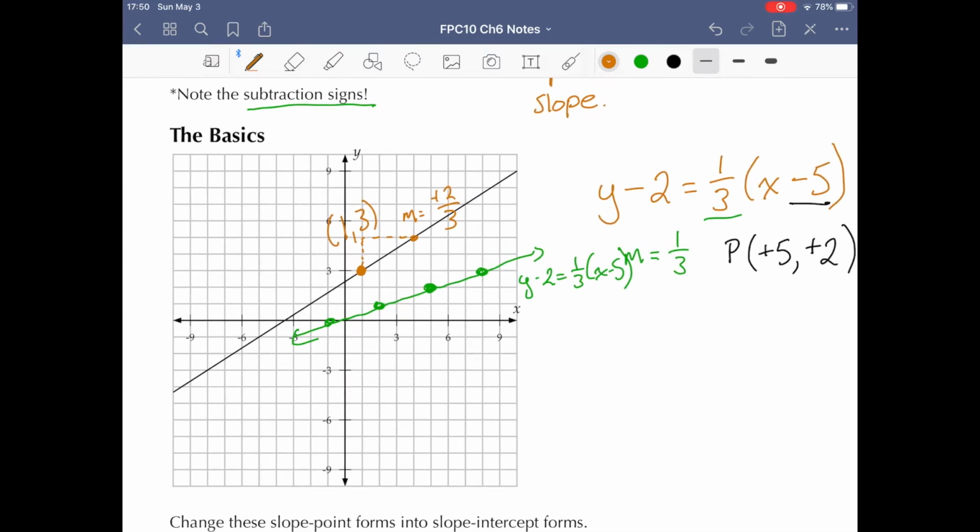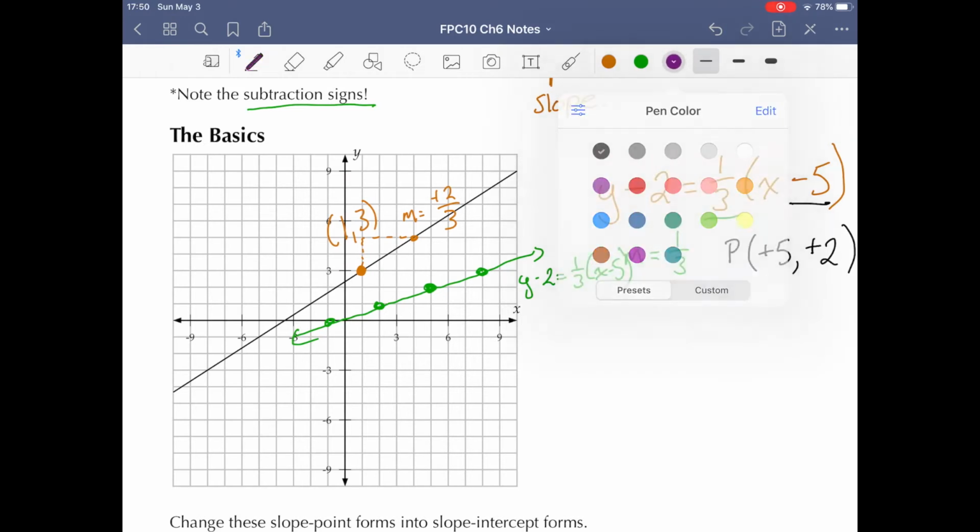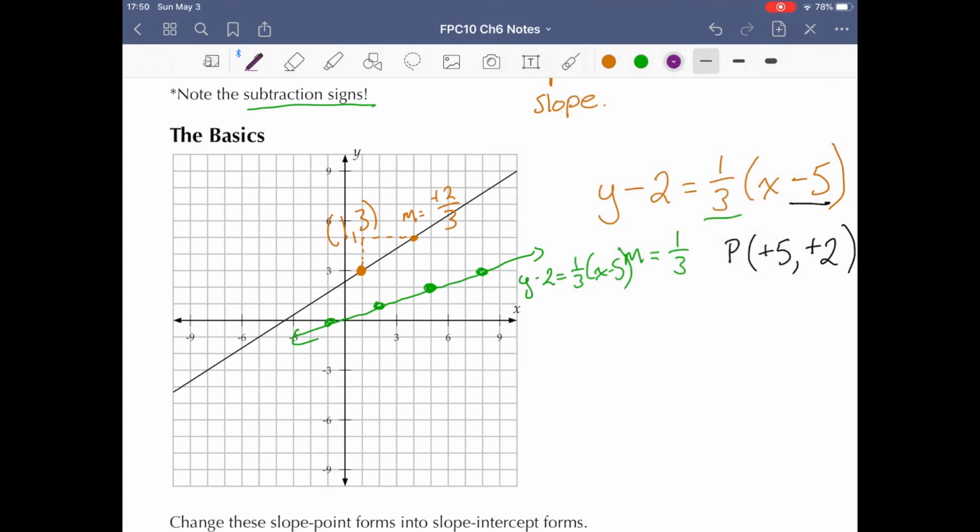So for the equation for this line, I'm going to get y minus 3. Notice it was plus 3 here, so now it's minus 3 in my equation, equals 2/3 times x minus 1.